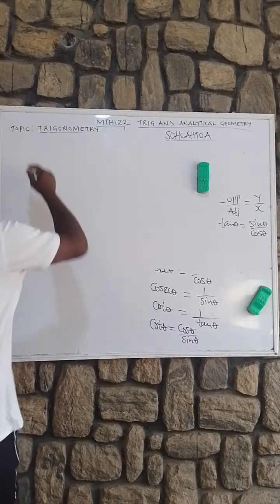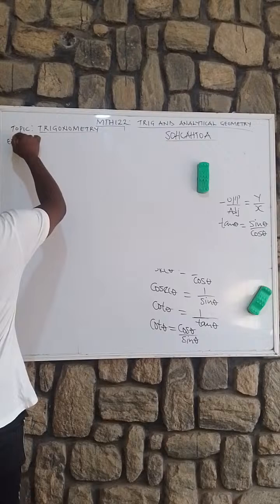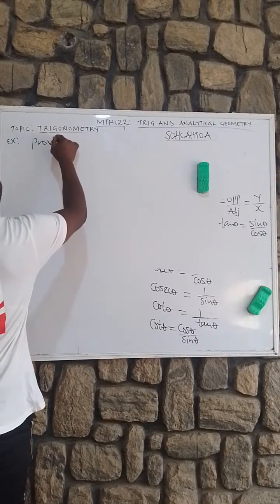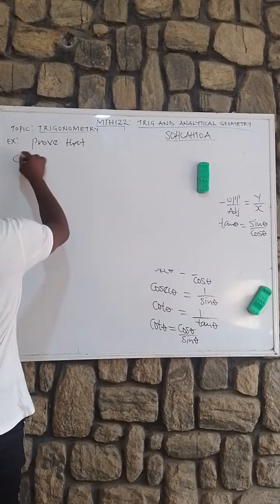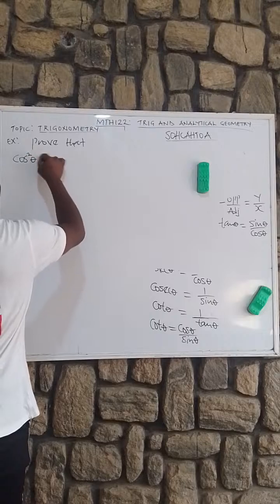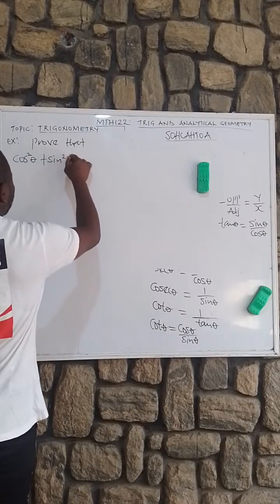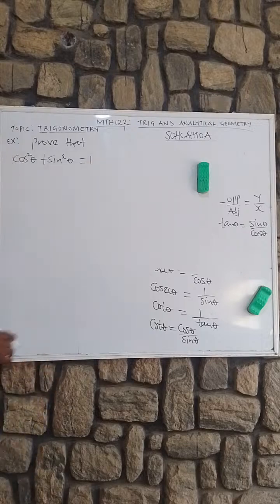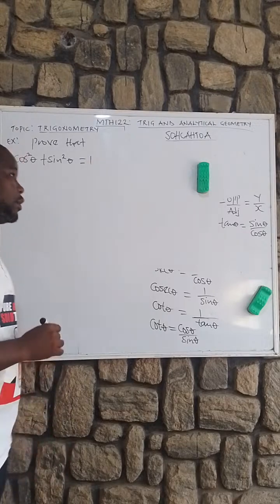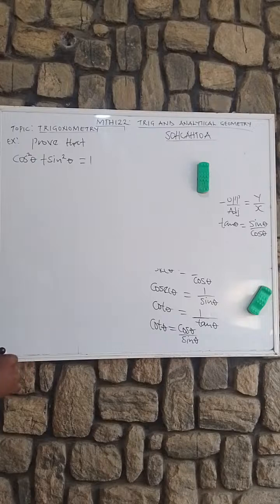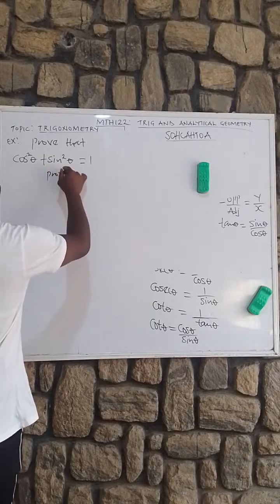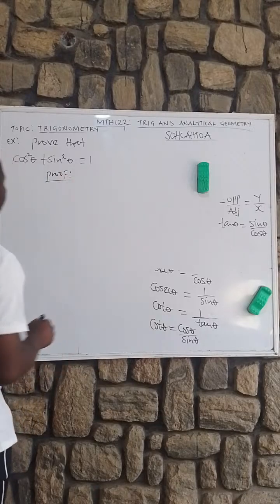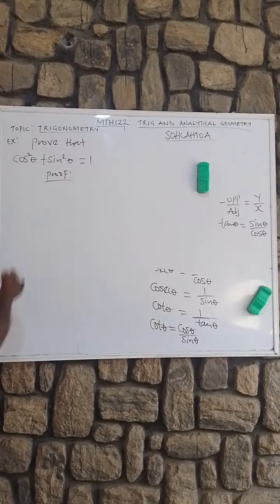Okay. So now, example: prove that cos square theta plus sin square theta equals 1. It's simple as ABC. It is not difficult. So what we need to do here is let us write the proof.